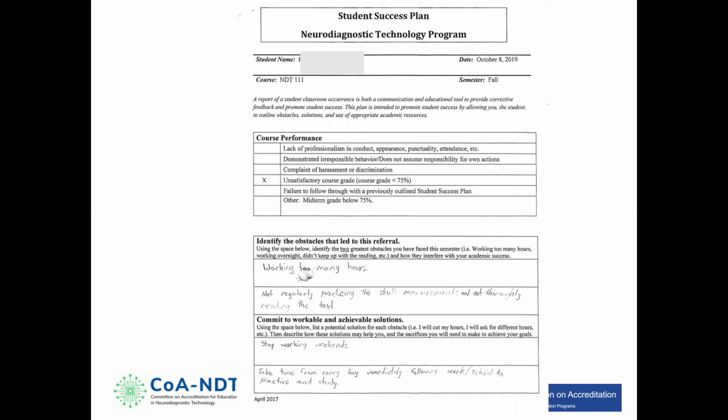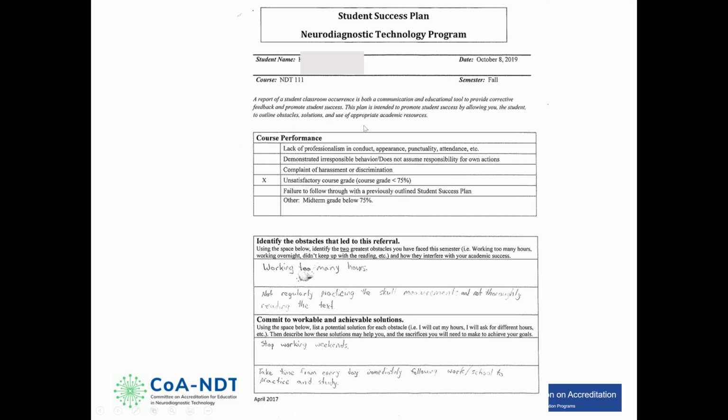We have blocks there of some common things that might lead to a success plan, and that way we can check which one. Typically for us it's unsatisfactory course grades, and that's what we're trying to determine. Is it really the courses, or is it something else going on that we can get them additional resources for, through the college or community, to help them become successful?